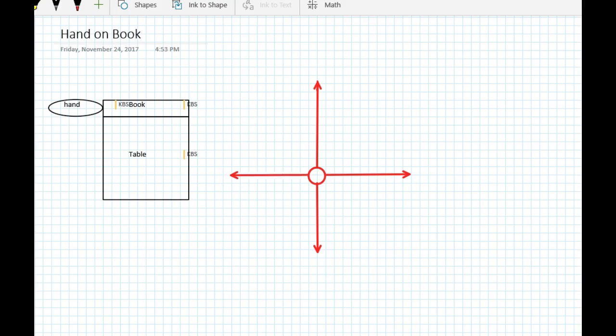So we must have a force acting in this direction. Now, we know the book isn't moving, so those vectors are the same. So this force, we're going to call this the applied force. And this force acting in the opposite direction is the force of friction.